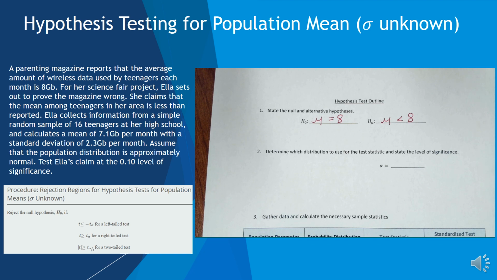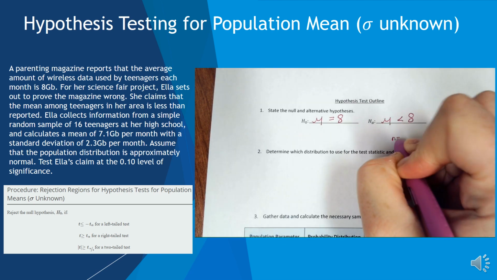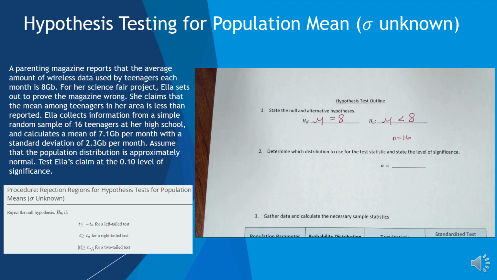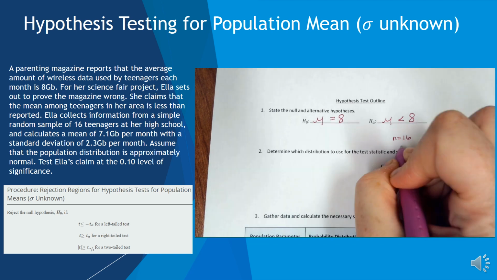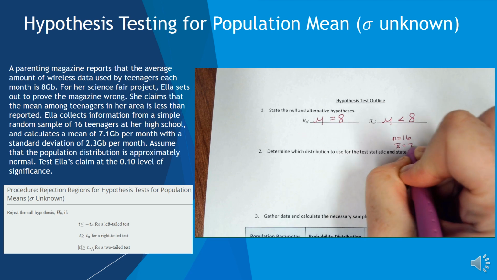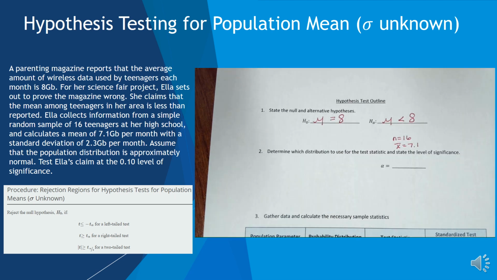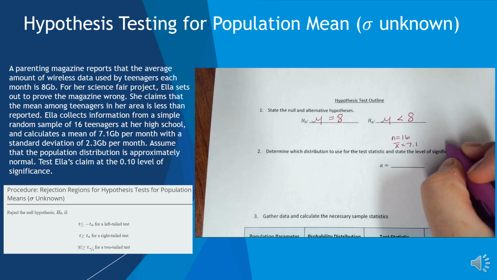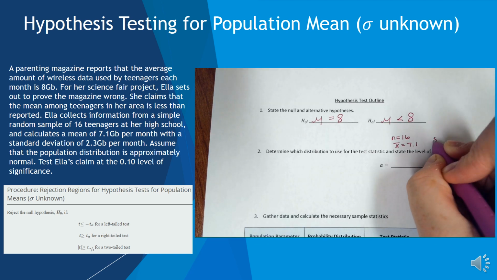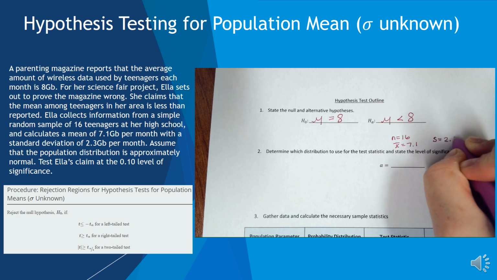The rest of the problem says, Ella collects information from a simple random sample of 16 teenagers, so sample size n is 16, at her high school, and calculates a mean of 7.1 gigabytes per month. So the sample mean is 7.1, with a sample standard deviation s of 2.3 gigabytes per month.